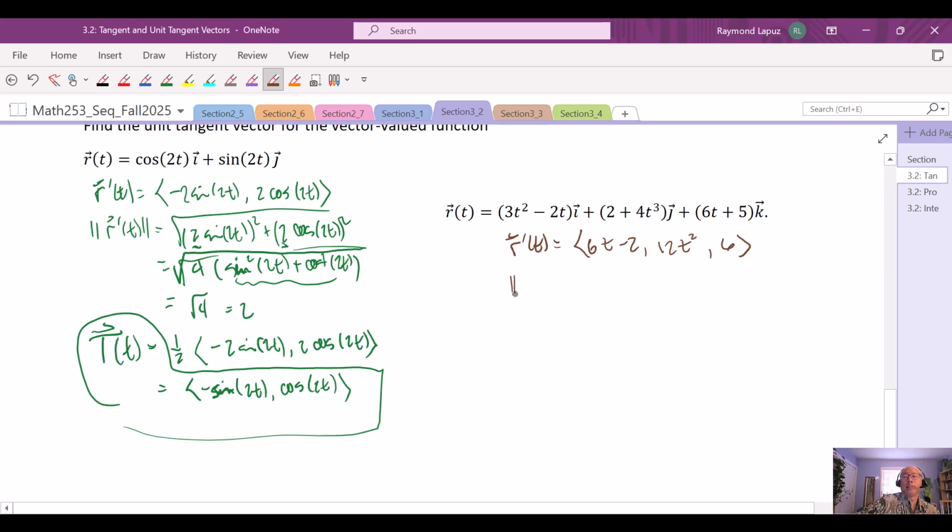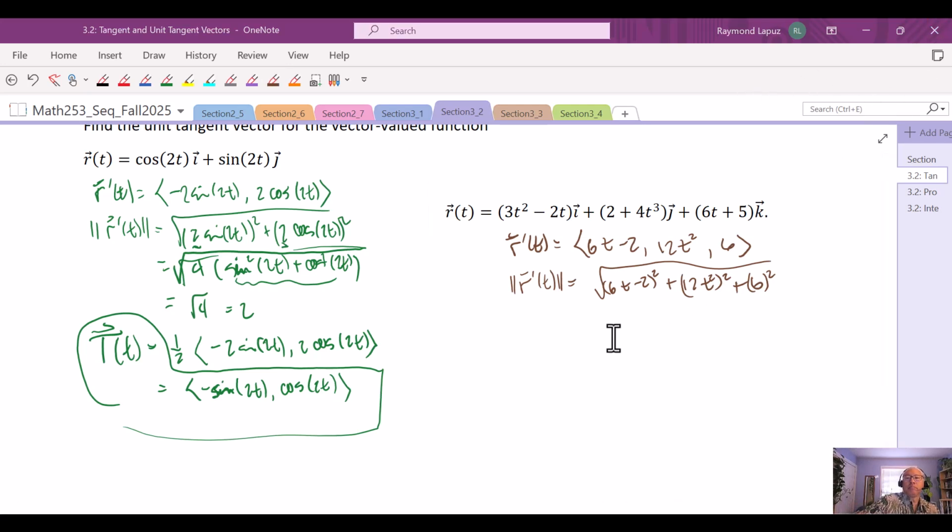So let's find the magnitude of that, and that is going to be the square root of (6t minus 2) squared plus (12t squared) squared plus 6 squared. I don't believe that there's a way to simplify this.